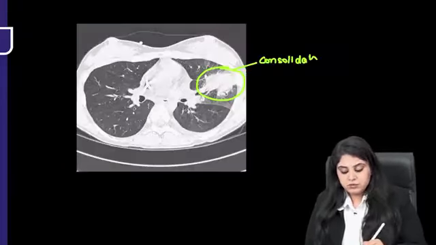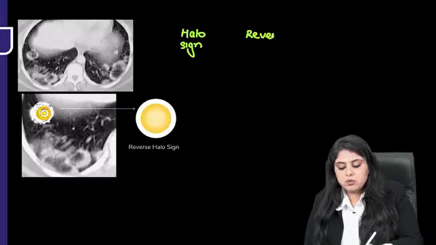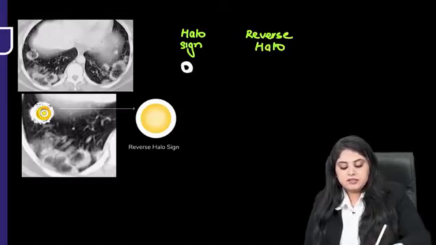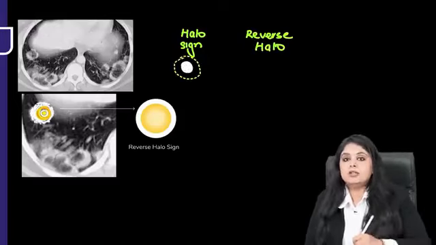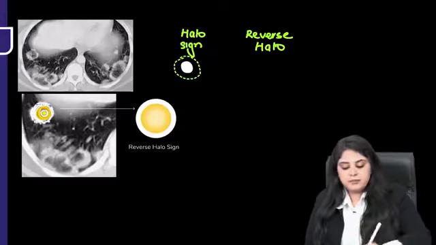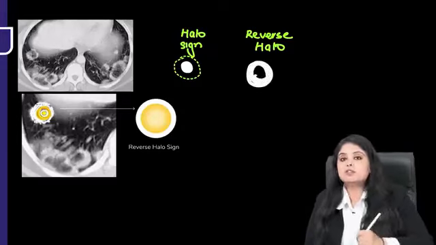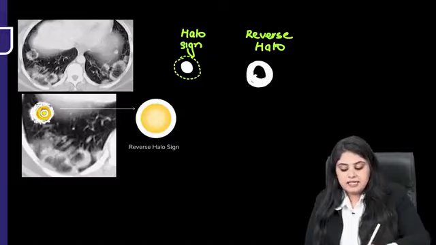In fact, you can see one more thing which I want all of you to note: the presence of halo sign and reverse halo sign. I'm teaching you a little bit of radiology here because with COVID, everything is important. What is the halo sign? The center has a consolidation and there is a lighter area around it. Reverse halo sign is the opposite: the periphery has a consolidation and there is a light area inside.